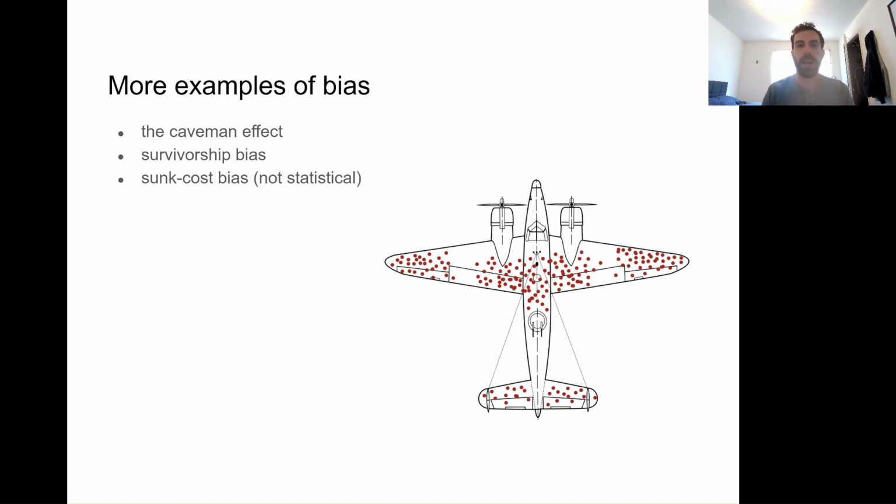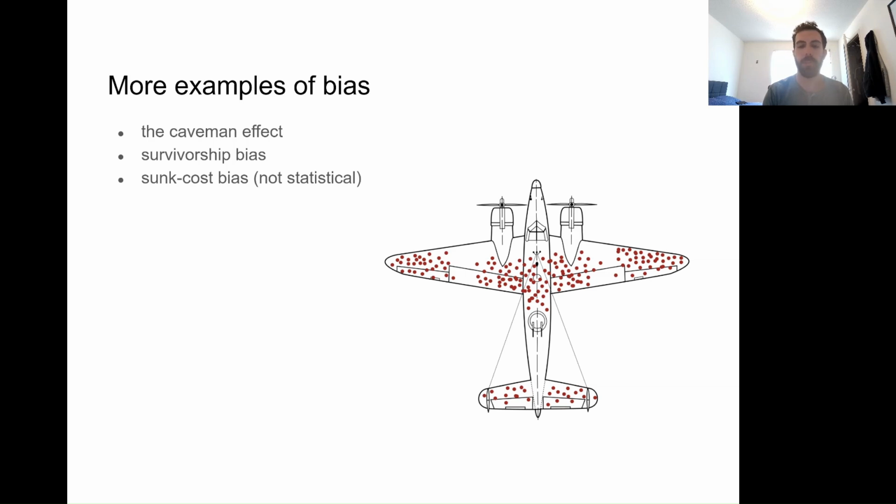Another type of bias that I think we encounter a lot is survivorship bias, and that's what the image to the right is about. So I'm just going to pose to you the research that led to this image. The military wanted to improve the efficacy of planes, and they hired statisticians to do this.